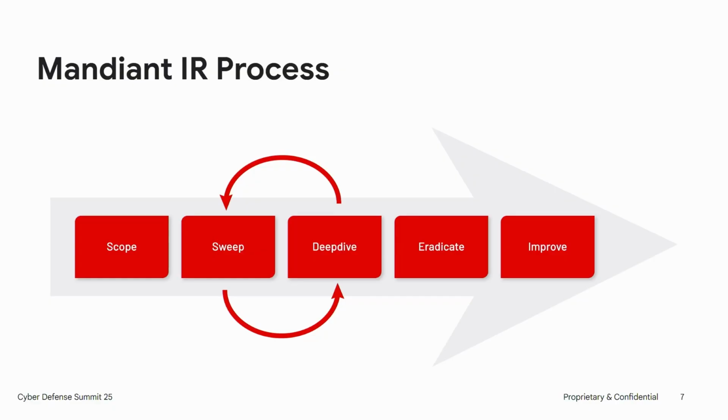So following our initial discussion with the victim organization, we kickstarted our IR investigation based on our IR methodology. As some of the folks in the audience may be intimately familiar with, we start our IR process by getting into a scoping call with the victim organization to understand the current situation that they're in, some of the actions that they have taken so far, and also the initial set of endpoints that they believe to have been impacted.